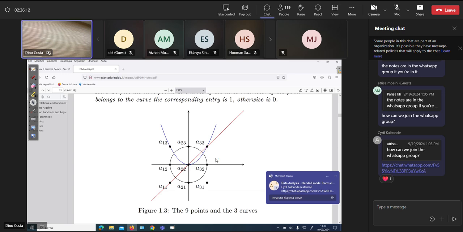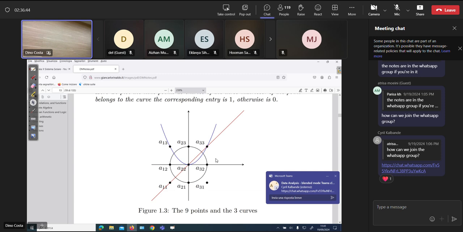So it is the matrix but rotated: 1,1, 1,2, 1,3, 2,1, 2,2, 2,3, 3,1, 3,2, and 3,3. So none of these three relations is satisfied at this point. Okay? Two of them are satisfied at 0, 0. Obviously, the circle is not satisfied. And so on.